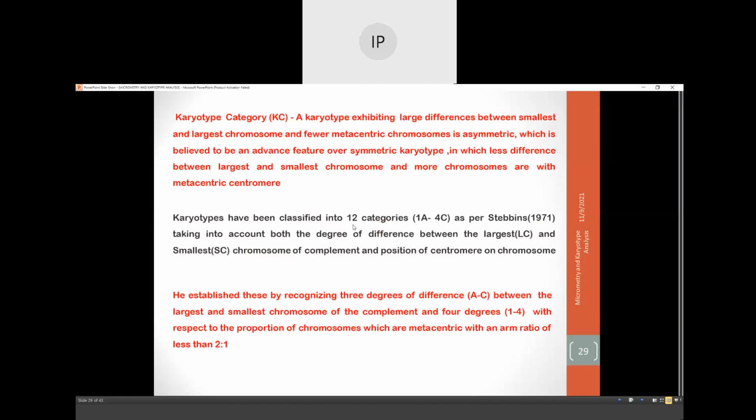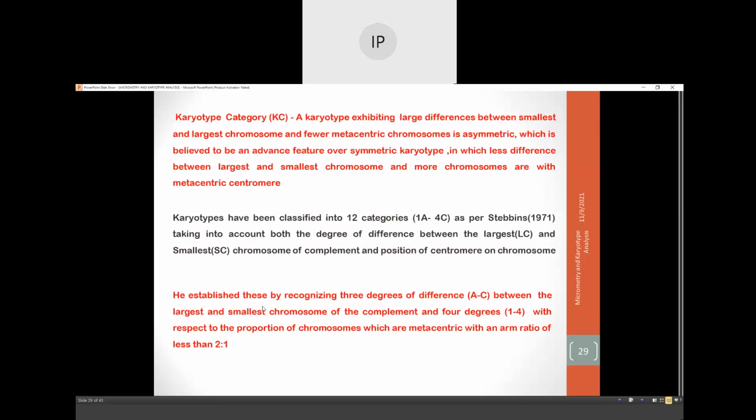Karyotypes have been classified into 12 categories, that is 1A to 4C, as per Stebbins, which we will see on the next slide, taking into account both the degree of difference between the largest (LC) and smallest (SC) chromosome of the complement and the position of the centromere on the chromosome.